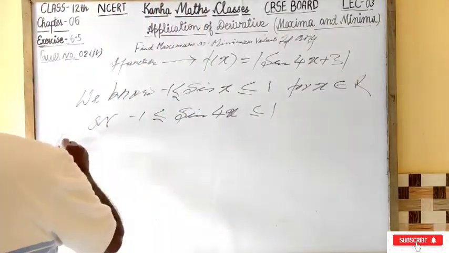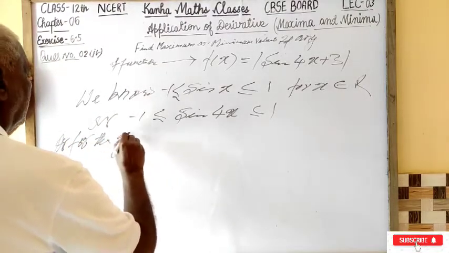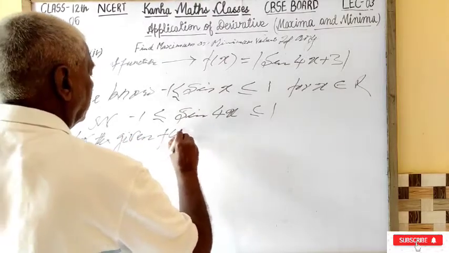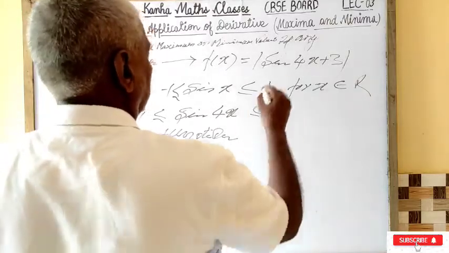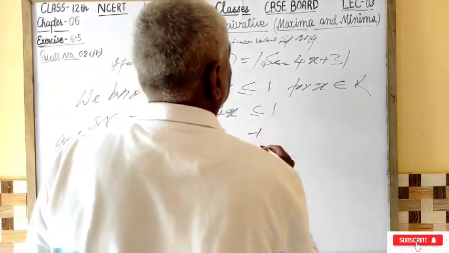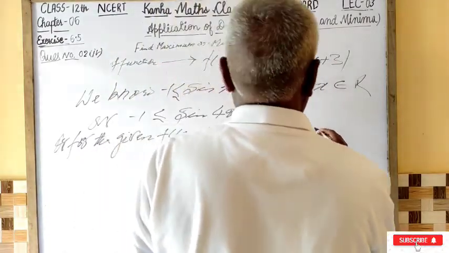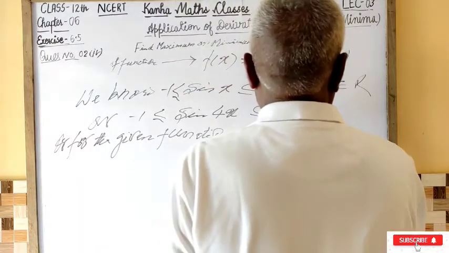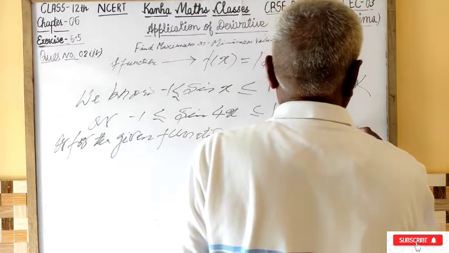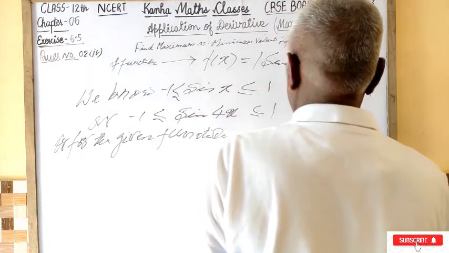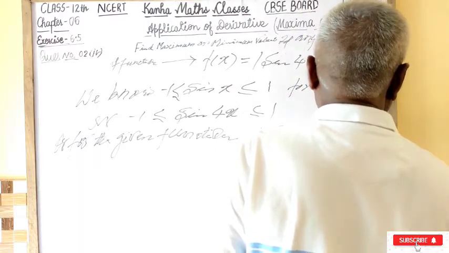For the given function, minus 1 plus 3 is less than or equal to sin 4x plus 3, which is less than or equal to 1 plus 3.